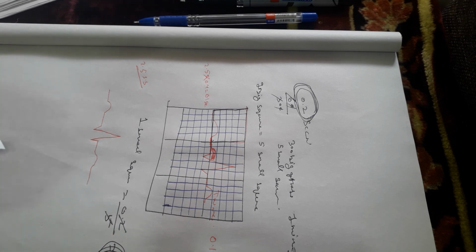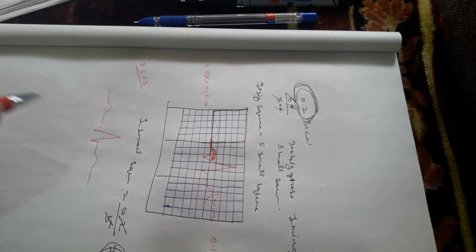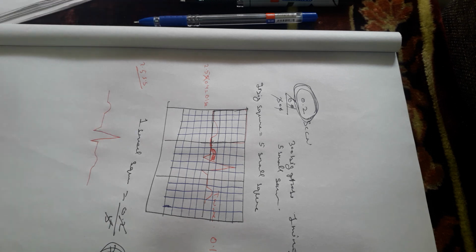Unipolar and bipolar limb leads are for catching the frontal plane electrical activity of the heart, and chest leads catch the horizontal currents of our heart.